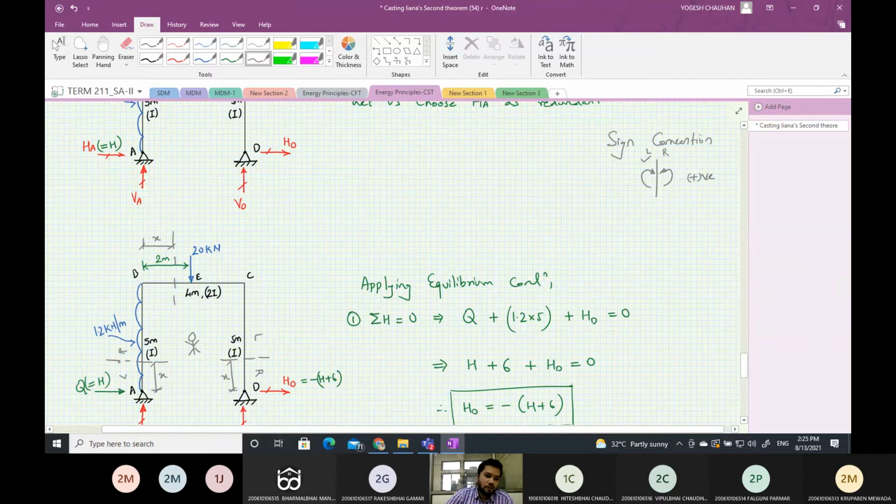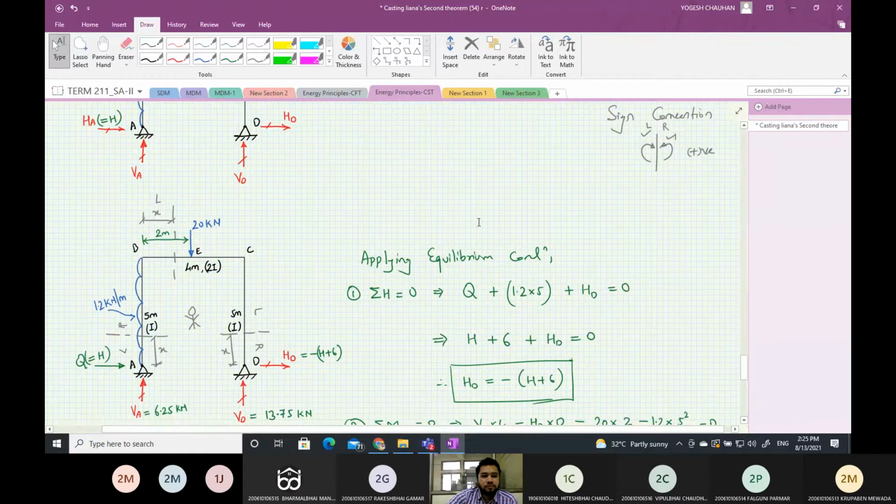Now on this section, this was left side. We have taken the forces about left section. Again on this side, we have taken forces about left of the section. Now for this side, we'll take the right of the section, and take summation of moments to the right of the section. For that we will use this sign convention, that is anti-clockwise as positive.